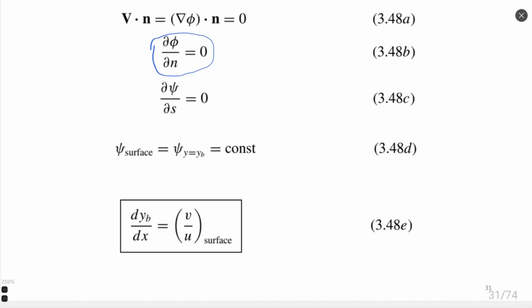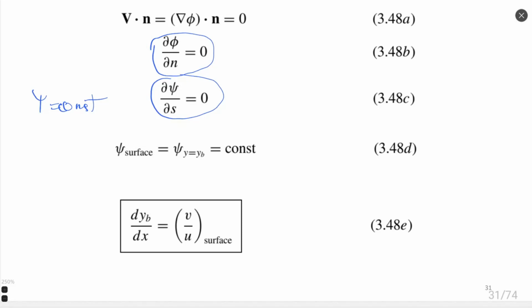And numerically, when we say that the streamline function is constant on the surface, it means that the derivative along the surface is equal to 0, since it's constant. Okay, the derivative is 0.